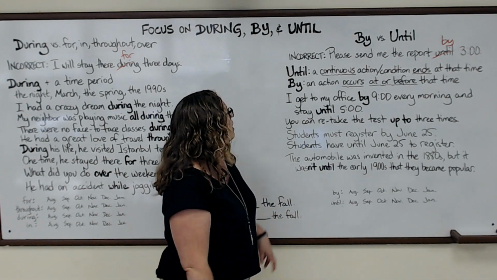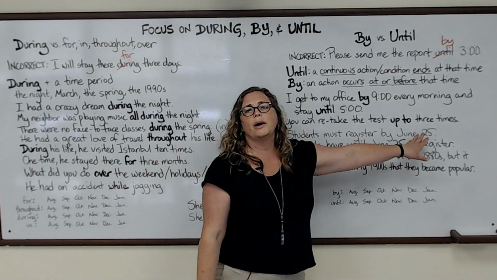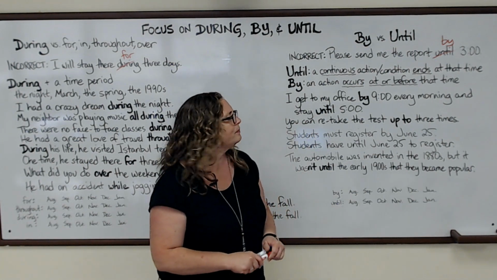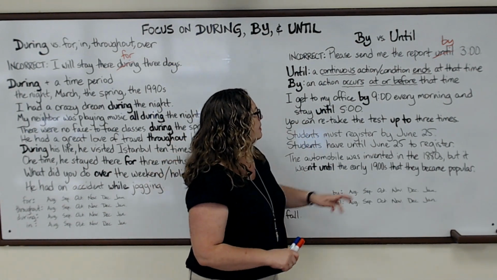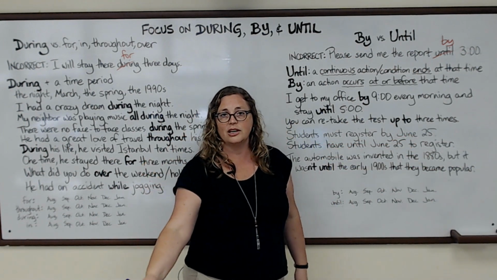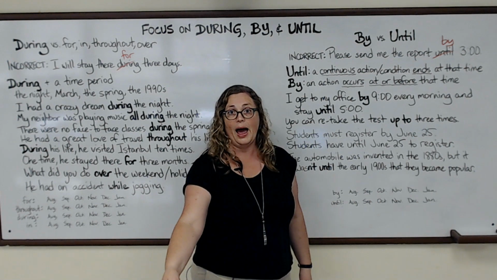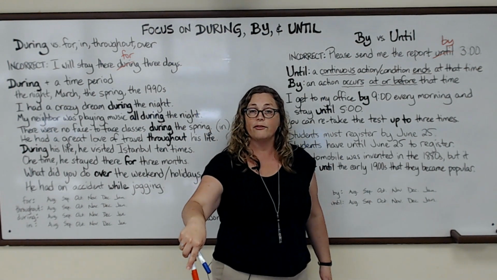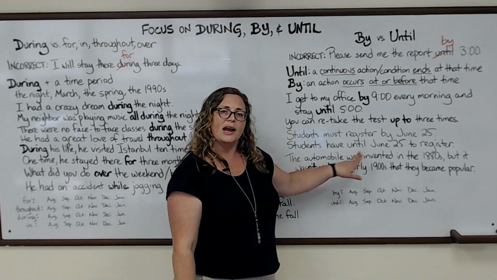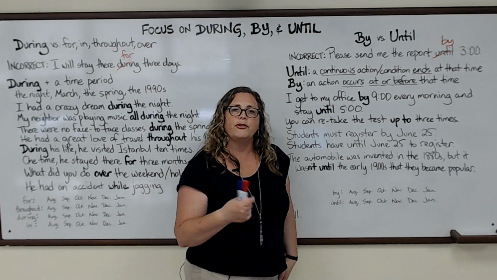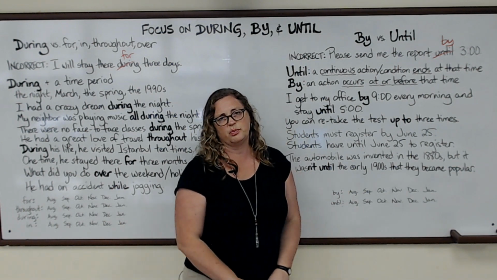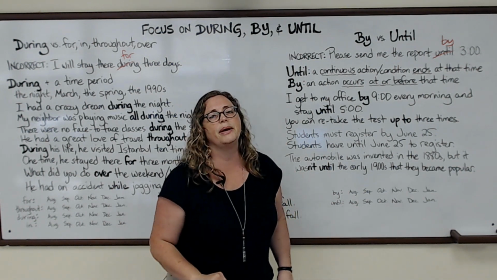Okay. Students must register by June 25th. This would be a common thing to see in a catalog or somewhere. So this means June 25th is the last possible time. It can happen on June 25th or before. This next sentence may confuse you, but I put it in here because it's a common way that we express this idea, and it's a little bit different.